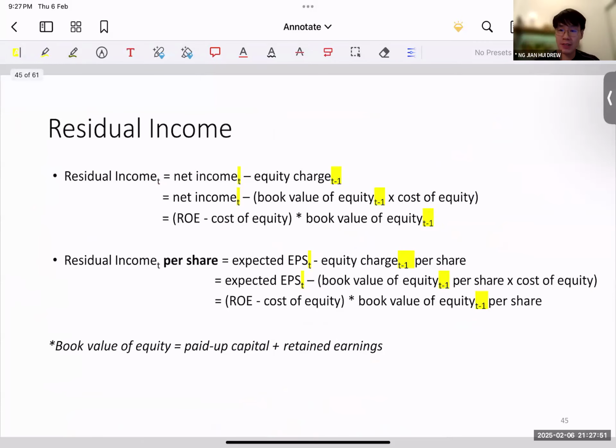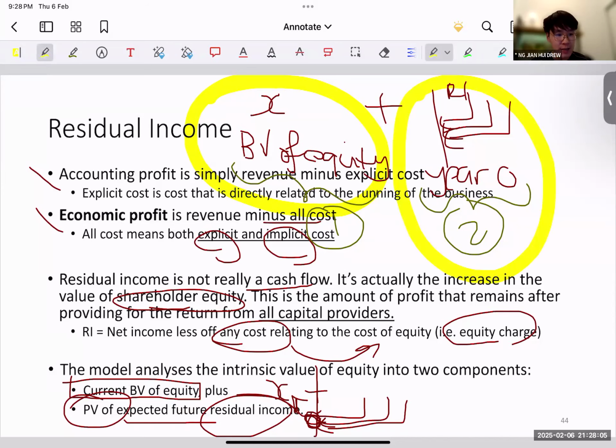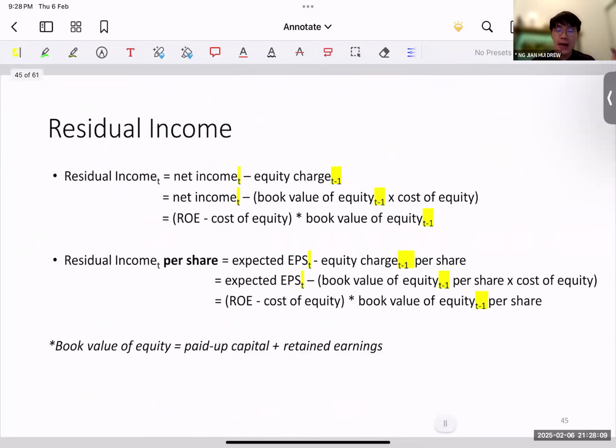Okay, so let's try to understand how. Like I mentioned earlier, there are two components, right? One and two. So let's look at component two first. Component two is how do you determine residual income?